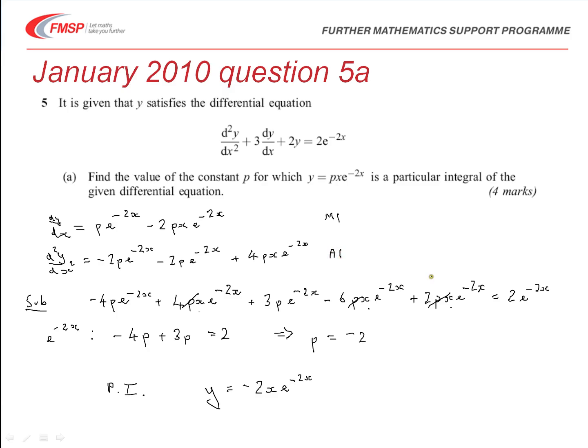Then substituting into the differential equation will give you a mark, and then obtaining the correct value for p will give you the 4th mark. You'll still get a mark for that part if you've made just 1 error on the way through.